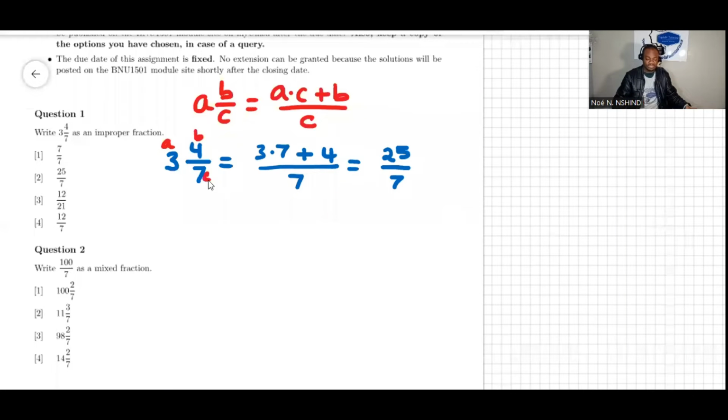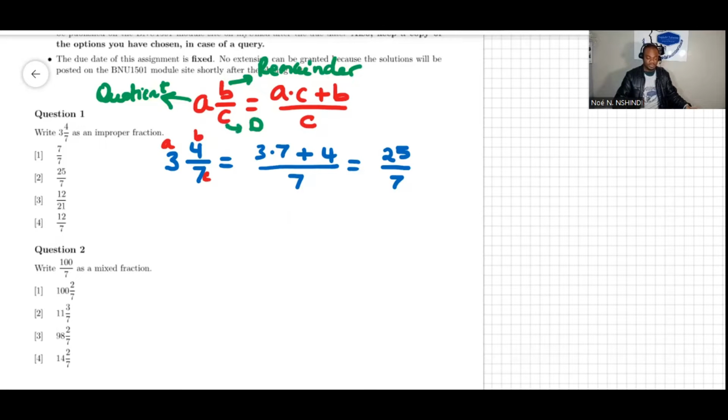Before I do, we need to understand a, b, c here. a is the quotient of the fraction. The quotient is the result of division. b is the remainder, which sits at the numerator, and c is the divisor, the denominator.